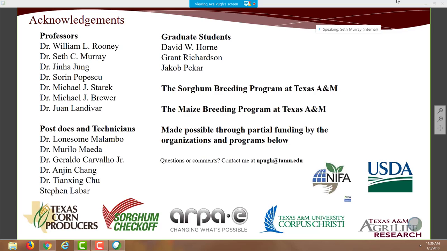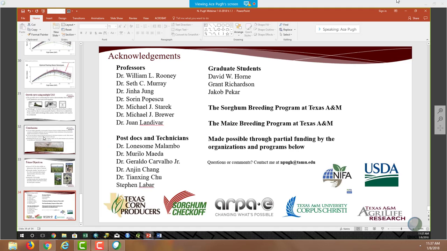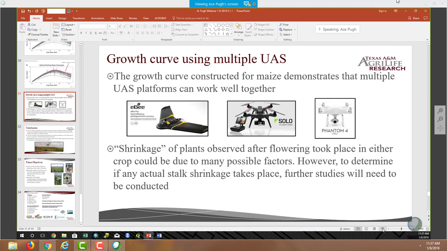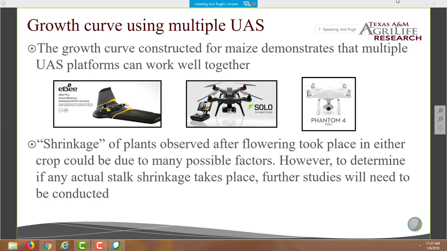You were talking about the rotary wing, though. Yes, the rotary wing, 25 to 30 meters. And then the other two were also used, the Solo and the EB.